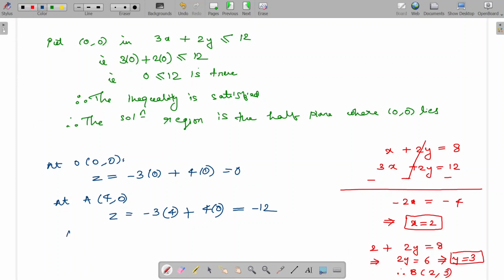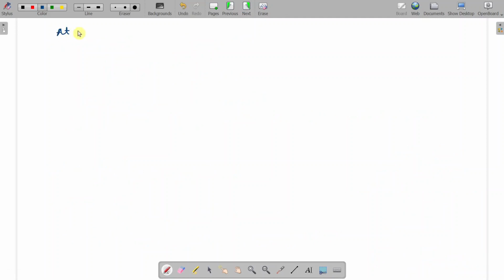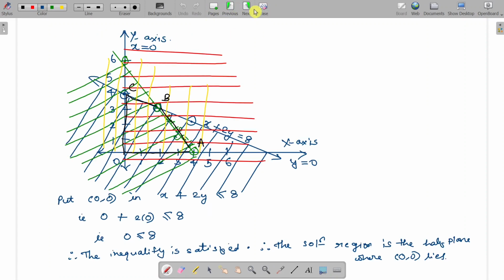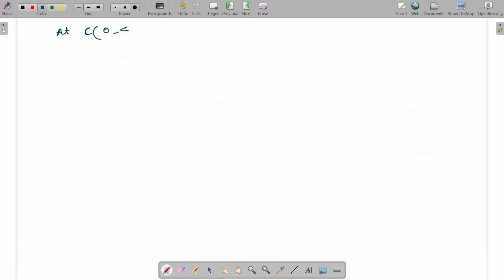So at B, which is 2 comma 3, z is equal to minus 3 times 2 plus 4 times 3, so that is minus 6 plus 12, which is 6. Now at the last point, that is C, so C is 0 comma 4. So z is equal to minus 3 times 0 plus 4 times 4, so that is nothing but 16.